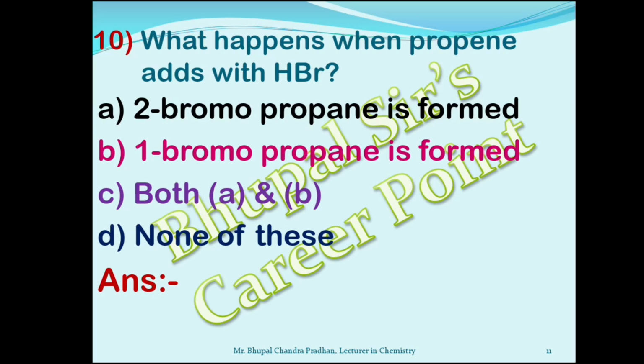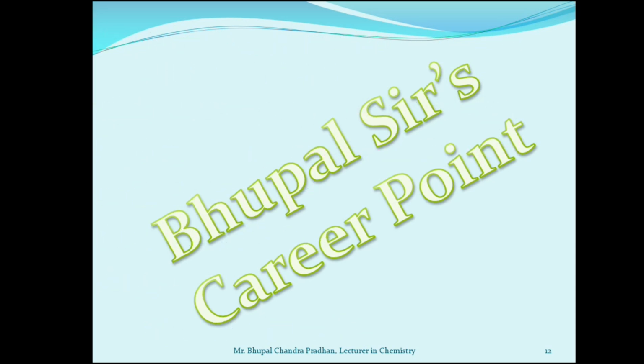But along with 2-bromopropane, 1-bromopropane is also formed as the minor product. So the actual answer is option C, that is both A and B. Thanks to the students who gave the answer C, that is both A and B. Means both 2-bromopropane and 1-bromopropane are formed by the addition of HBr to propene.